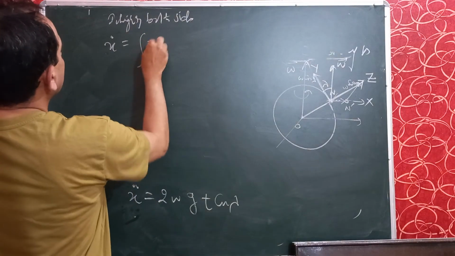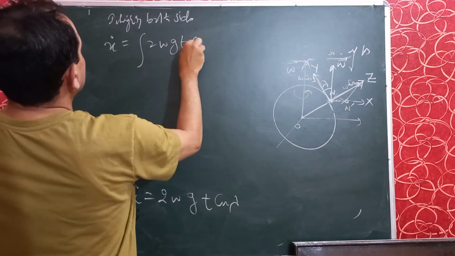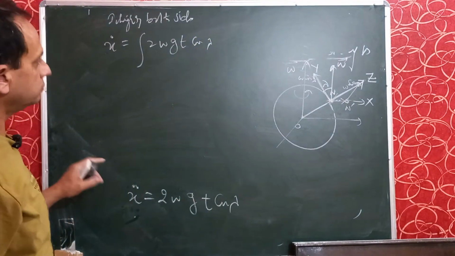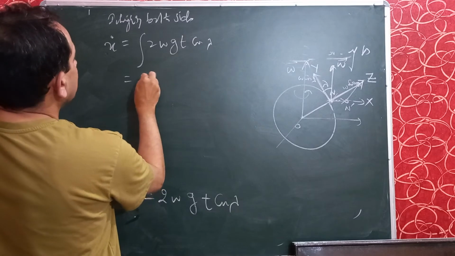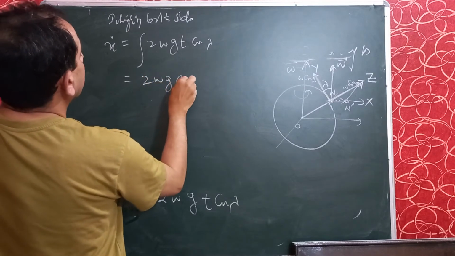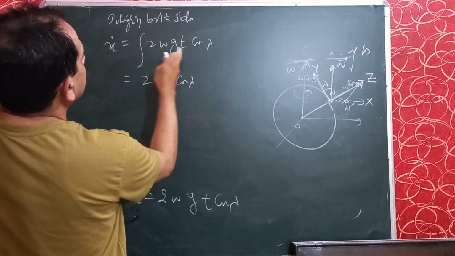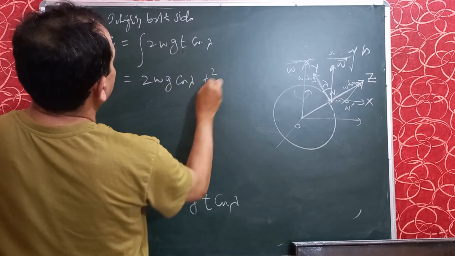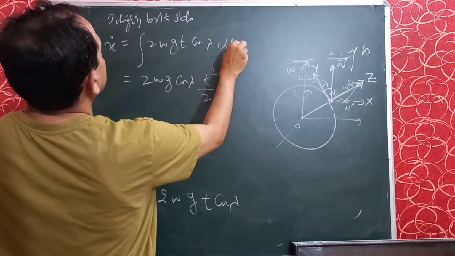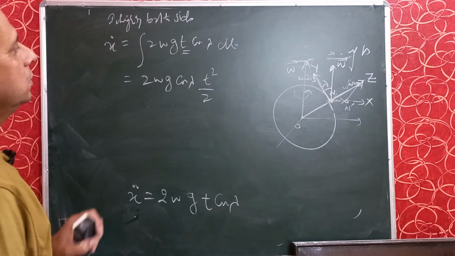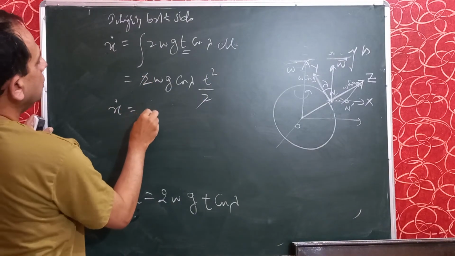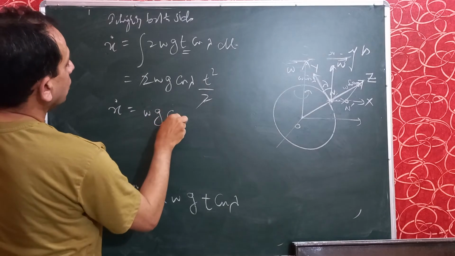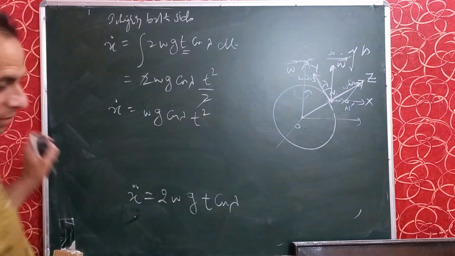It becomes 2 omega gt cos lambda. On integrating this, 2, omega, g and cos lambda are constant, and the integral of t is t square by 2 because the variable is t. So 2 is cancelled. Therefore, x dot is equal to omega g cos lambda into t square.